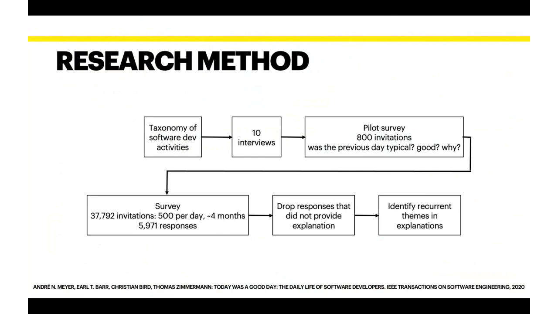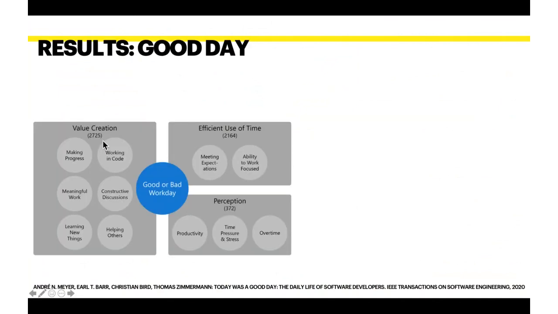What have they found? They have found that the good day or bad day depends on the perception of developers, whether they are productive, whether they experience time pressure, whether they have overtime.